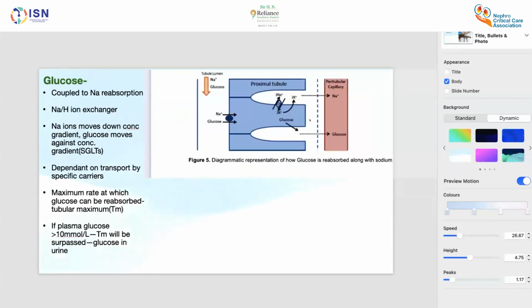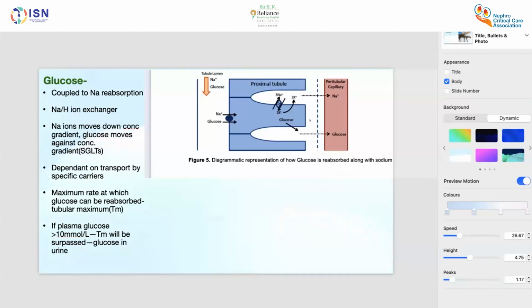Then glucose. Glucose transport is coupled to sodium reabsorption. This is the sodium hydrogen ion exchanger at the tubular lumen side of the PCT. The sodium ion moves down the concentration gradient after this sodium potassium ATPase pump action. At that time glucose moves against the concentration gradient.